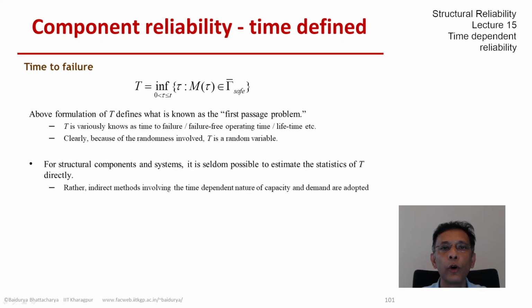Now, for structural components and systems, we do not have the ability to observe directly this time to failure in most situations. Rather, we have to take recourse to the capacity demand time approach to formulating and solving the reliability problem.